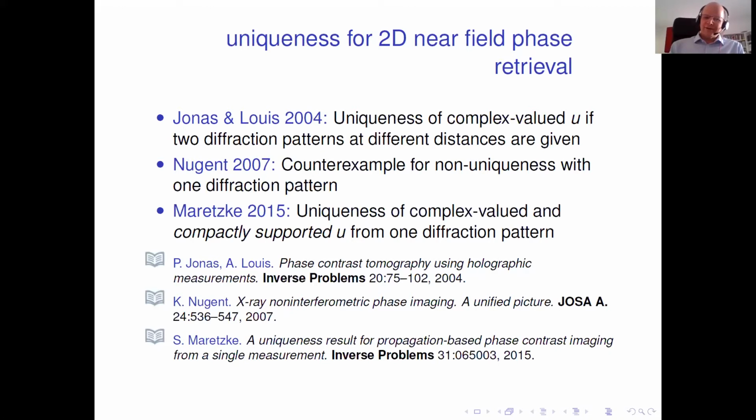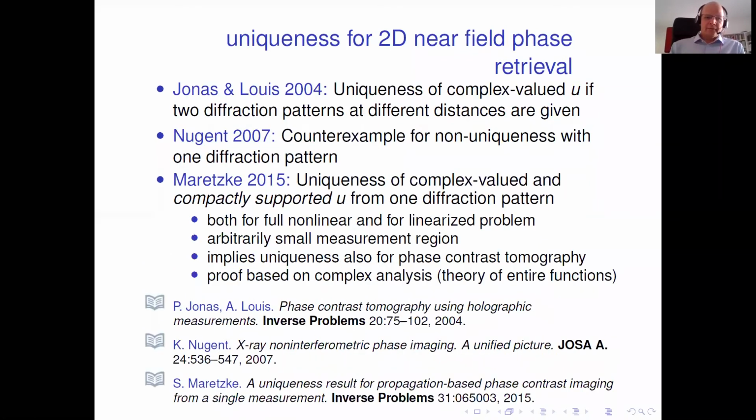But of course, the next question then is, numerical examples show that often this is extremely unstable. So can we say something about the stability of this problem? That's the next topic.